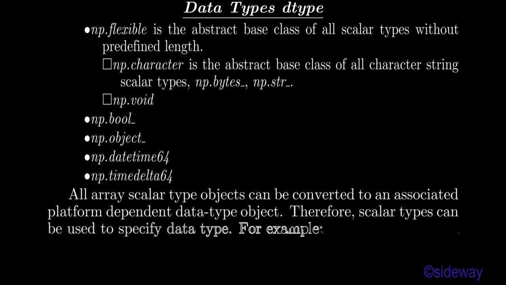All array scalar type objects can be converted to an associated platform-dependent data type object. Therefore, scalar types can be used to specify data type.